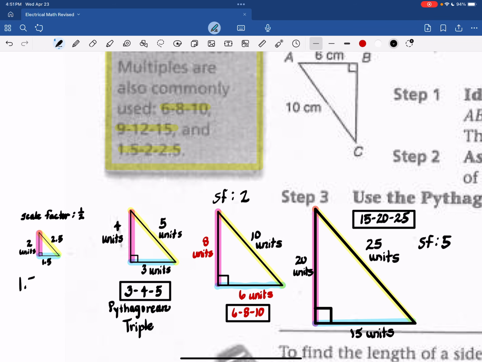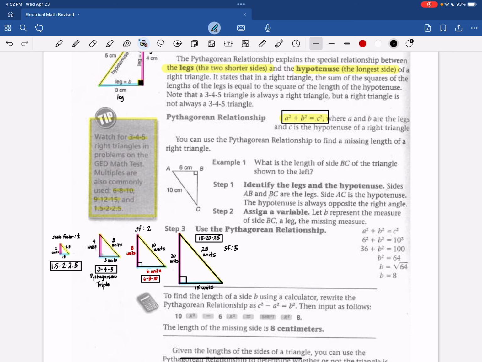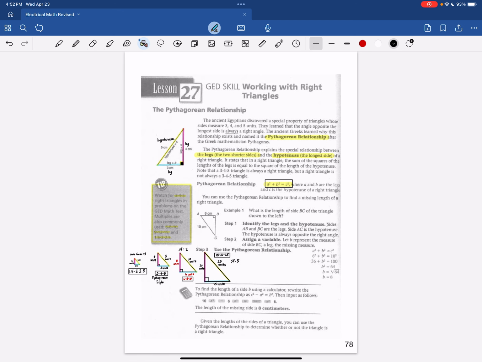So this one is a 1.5, a 2, and a 2.5. That is a Pythagorean triple. Those 3 numbers will work together to make a true right triangle. All right, that's all I'm going to say on this page, and then we'll look at some practice examples of these on the next video.